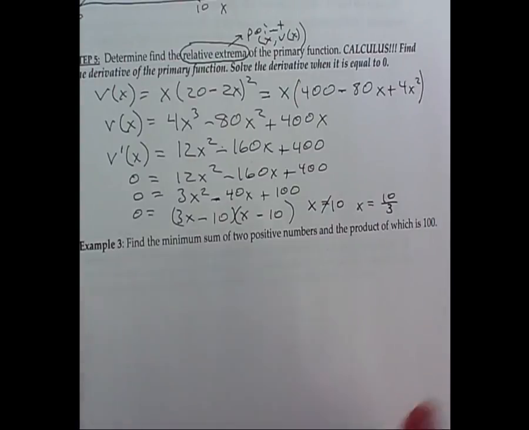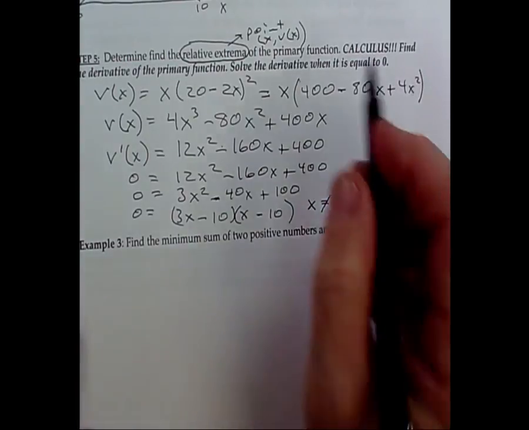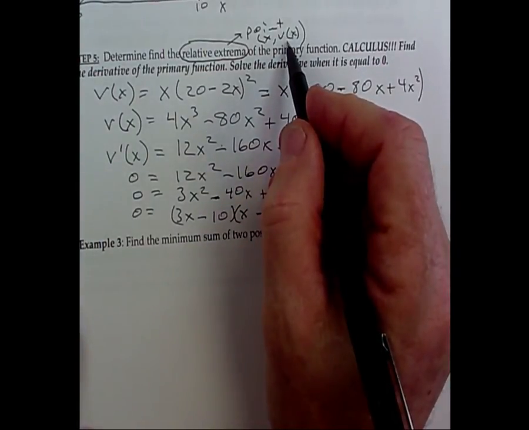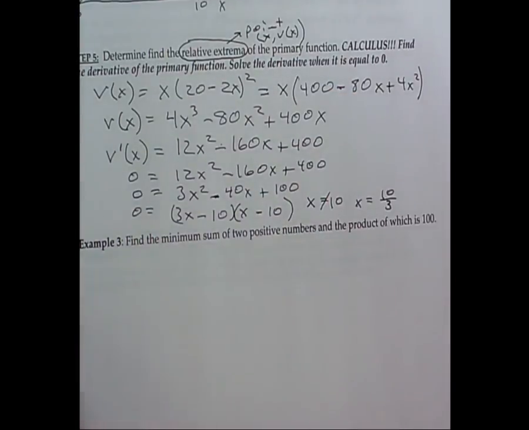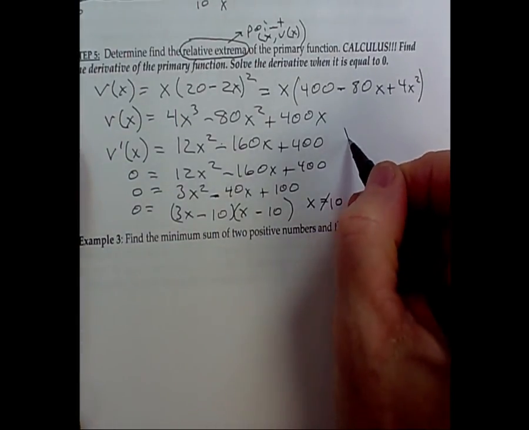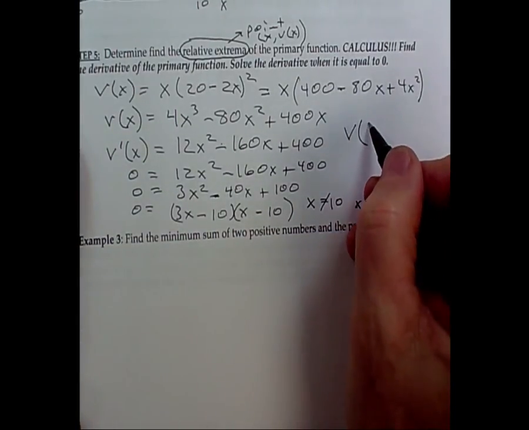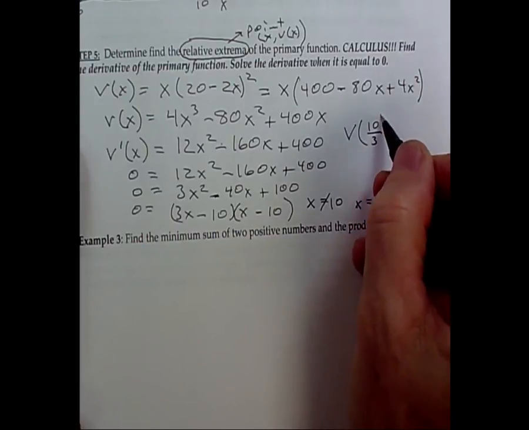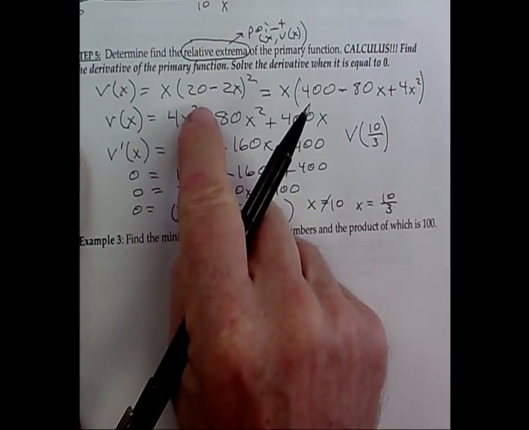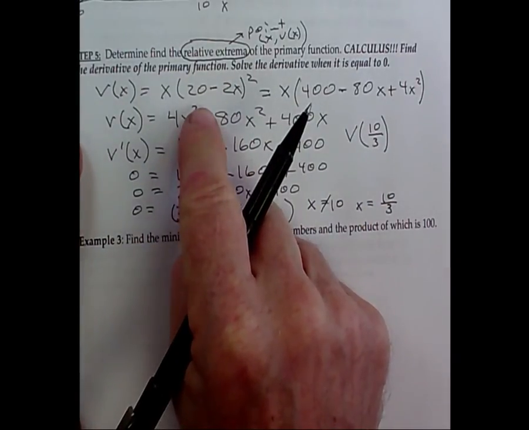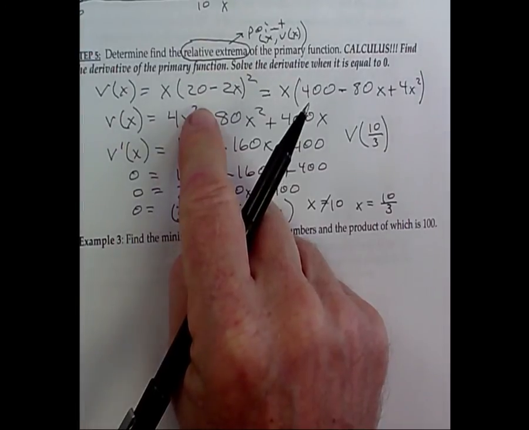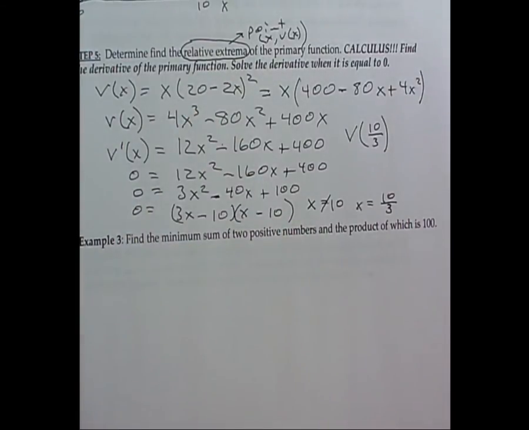All right, so I've got my x value. I have to figure out my V of x value, correct? How do I do that? You're doing wonderful, by the way. You plug it into the volume function, correct? Yep. And did you already do that, Owen? Doing it right now.